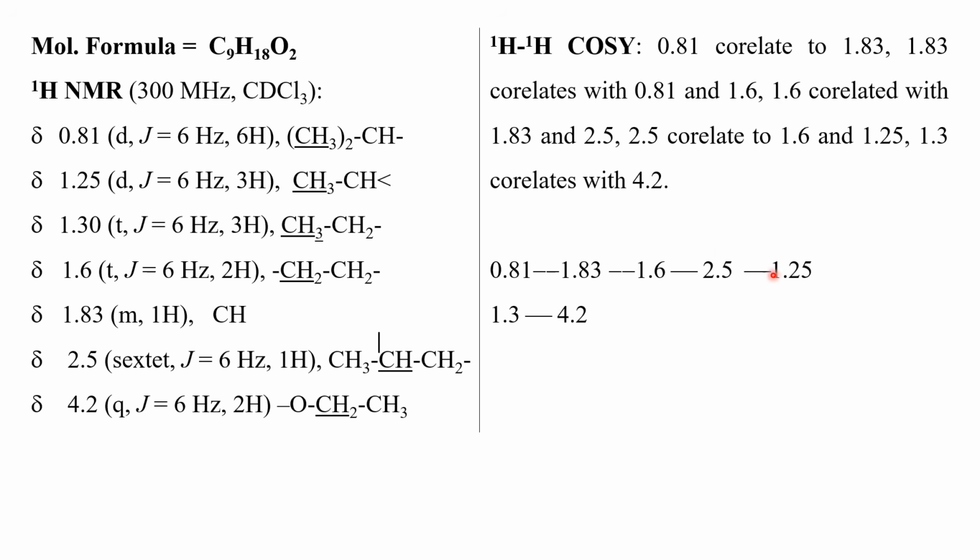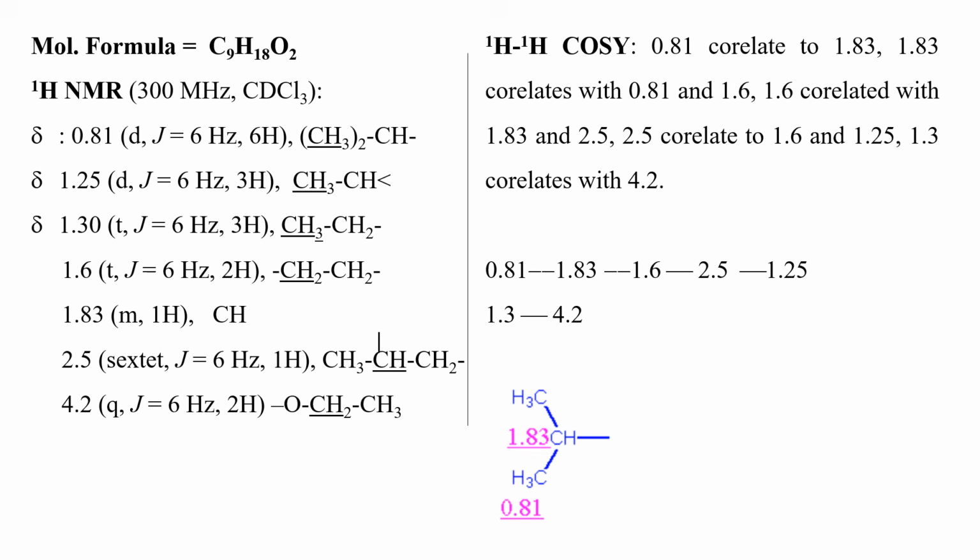So this is one spin system. Another spin system has 1.3 correlating with 4.2. So there are two spin systems. Based on this information, we will find out parts of the structure.